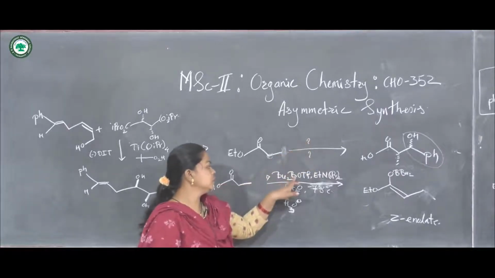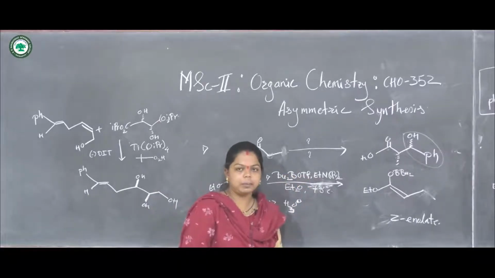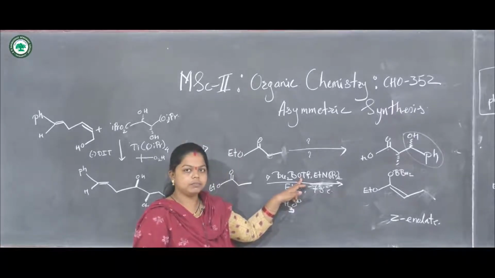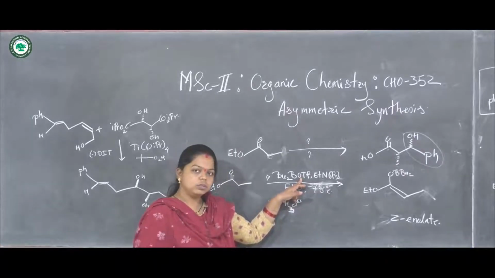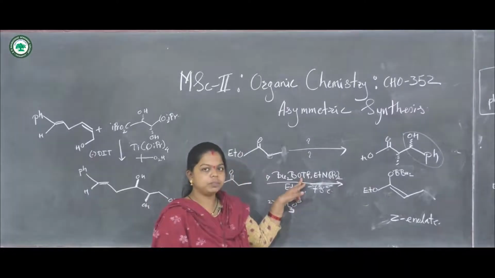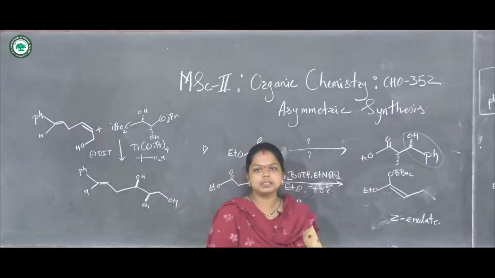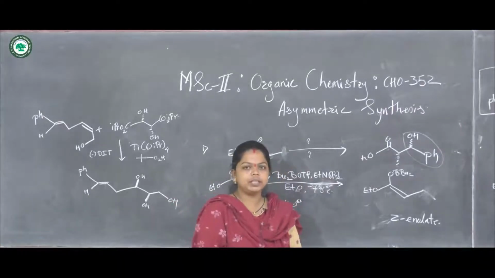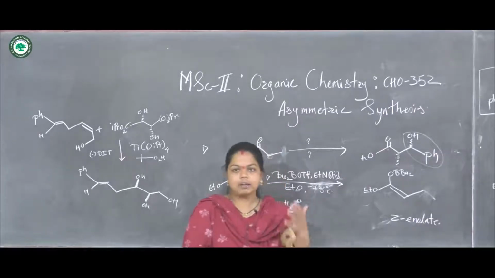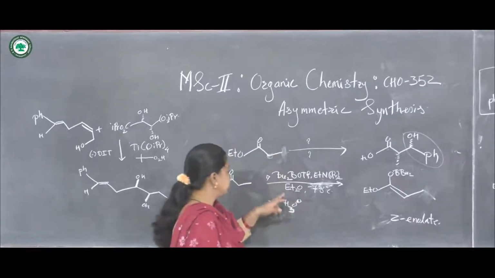First will be this dialkyl boron triflate compound, containing triflate as a very good leaving group. We know that triflate is a good leaving group. So nucleophilic substitution can be easily done on this compound, and this boron compound directs the reaction, so selectively, 99%, it will form the Z enolate, and from that Z enolate we can form the syn aldol compound.